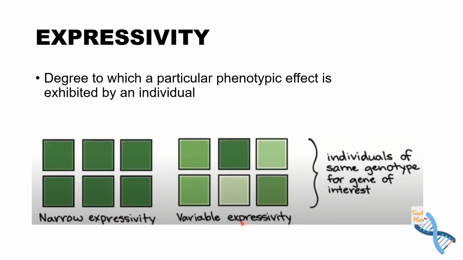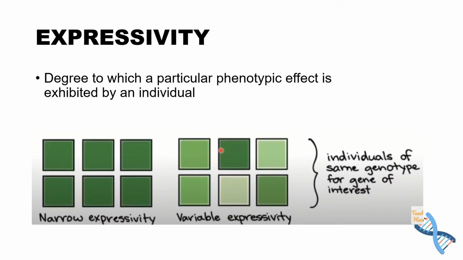Sa variable expressivity naman, the degree of expression differs. So meaning, nakikita mo pa rin na merong color green, pero yung expression ng kulay na green, variable or it varies.